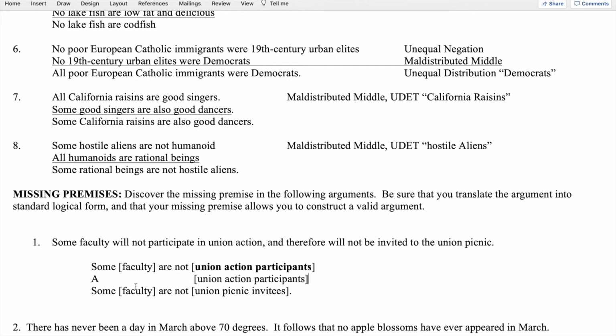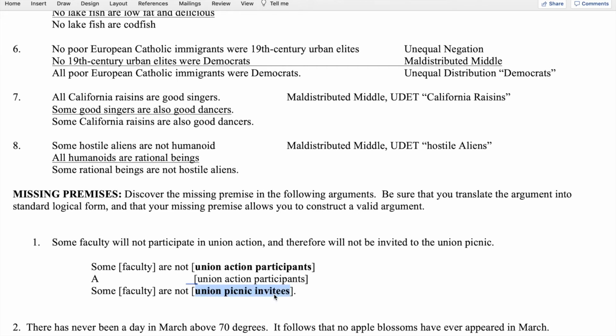We then turn to the end terms. Faculty already appears twice, and it's not distributed in the first premise and not distributed in the conclusion, and that's equal. So our other end term is union picnic invitees. It's the term that appears in the conclusion, but it's missing in the second premise. So I know it's the missing term, and it is distributed in the conclusion because it's predicate of a negative.